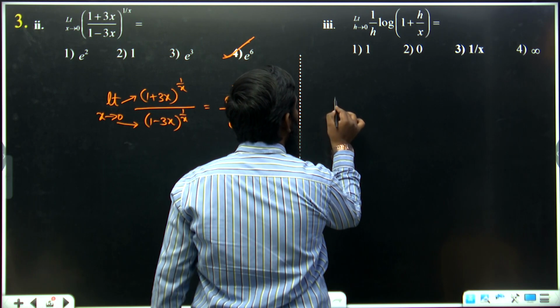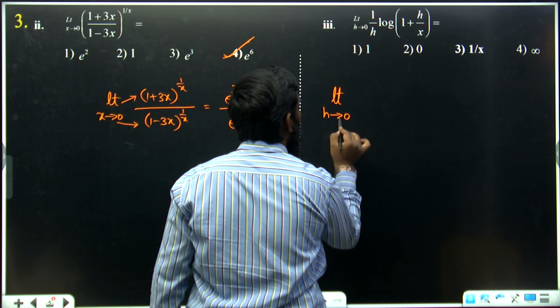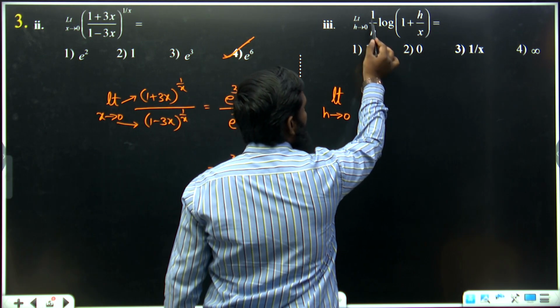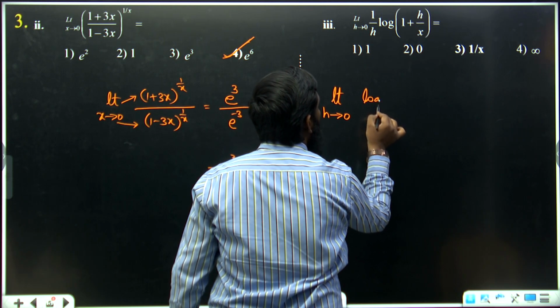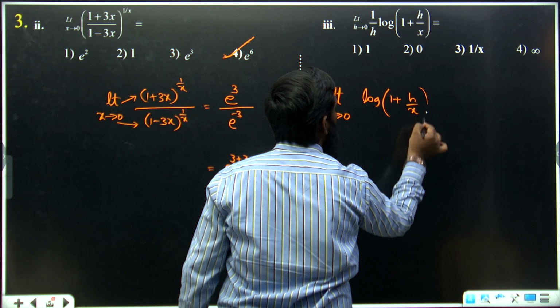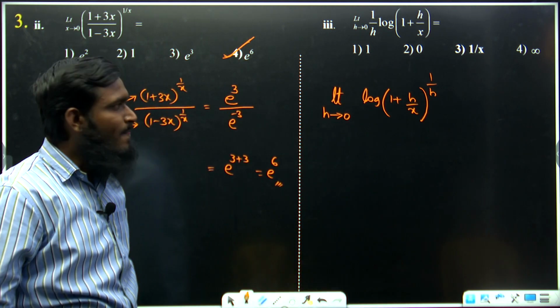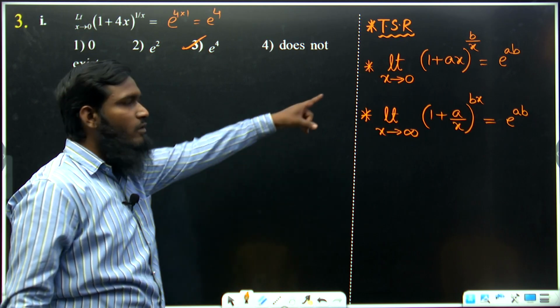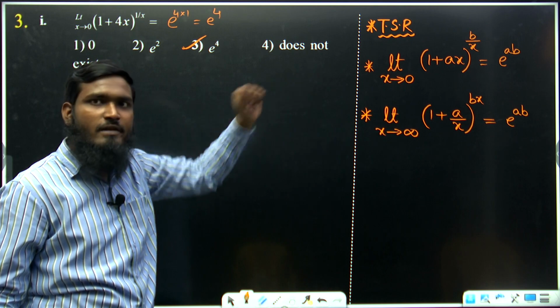See this part. First, I write limit h tends to 0. As we have a logarithmic function, this 1 by h I want to send to the power. So it will become log of (1 plus h by x) whole power 1 by h. Okay, like this we have taken. Now the TSR we have written is only for (1 plus ax) whole power b by x, where we do not have any logarithmic function.